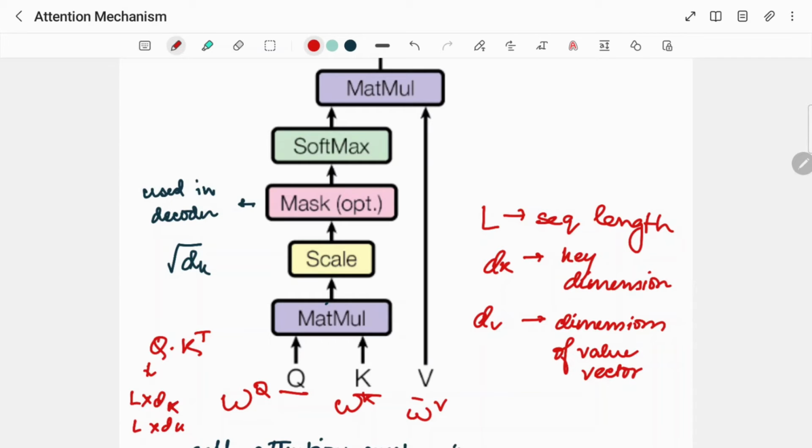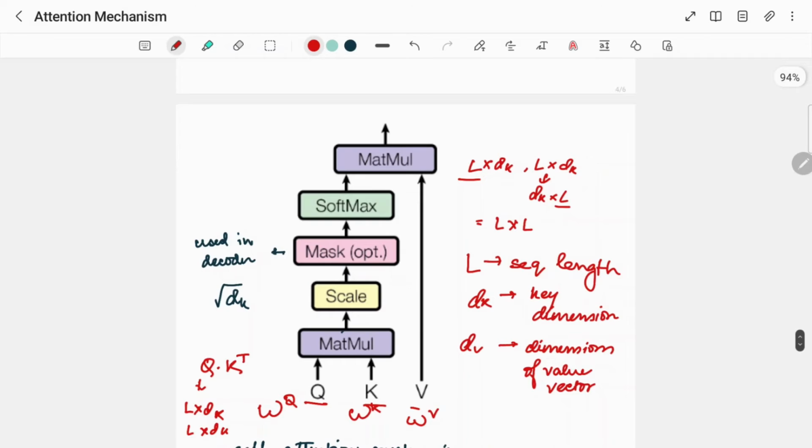When we take a transpose this will be DK cross L. In matrix multiplication the rows of the first and the columns of the second are the dimensions of your output matrix, so it is L cross L. We'll see this when we go to the notebook and the implementation.